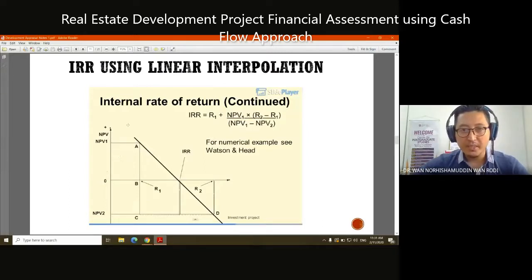So when we use linear interpolation, the IRR will be estimated at this rate, at this interpolation. And then you have to search what is the rate of the investment project. But I'm not going to emphasize using linear interpolation. In this subject, IRR is measured using the Excel function, or the manual calculation or formula.